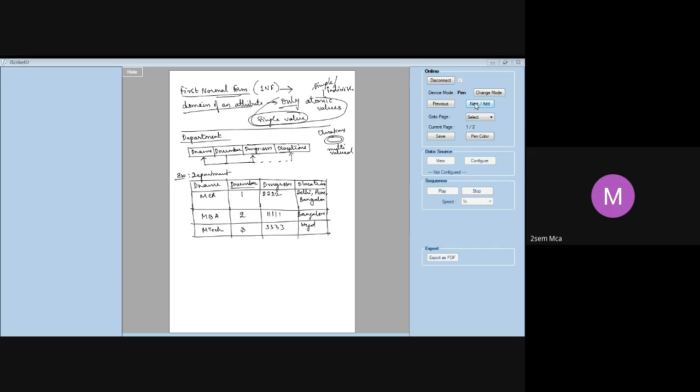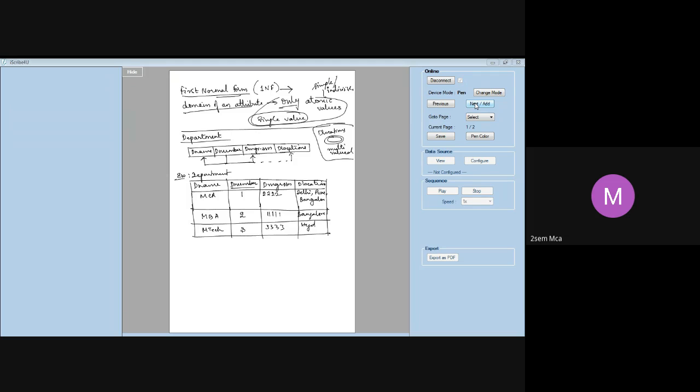I have taken a table called department, which has attributes D name, D number, and the corresponding MGR number, and the department location. Department location, as we know from the ER diagram, is a multi-valued attribute. Multi-valued attribute means that particular attribute can take multiple values, right?